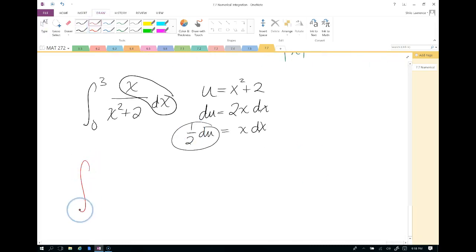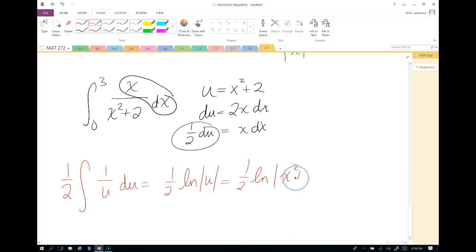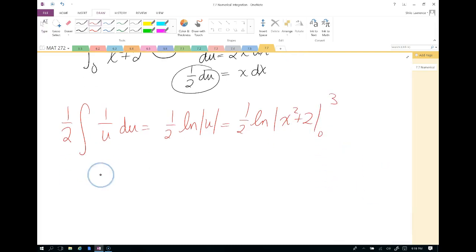So we could rewrite this as 1/2 of 1 over u du, which turns into 1/2 natural log of u, or 1/2 natural log of x squared plus 2, evaluated from 0 to 3. And we get 1/2 natural log of 11 minus 1/2 natural log of 2.